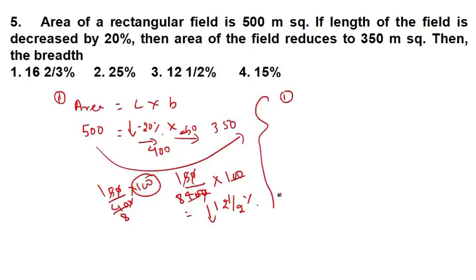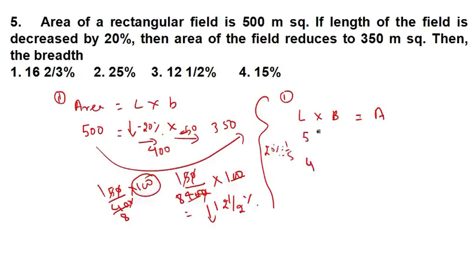Now you use your first method just to verify whether the answer is right or wrong. We know that length into breadth equal to area. Here it is written that length got reduced by 20%. We know that 20% means 1 by 5. It got reduced means before it was 5, now it became 4.